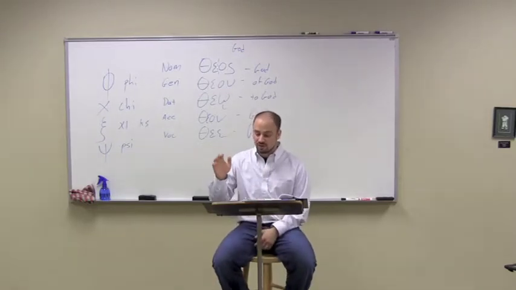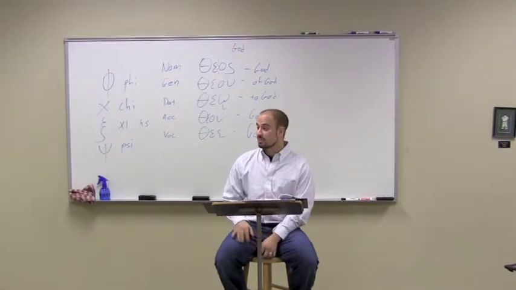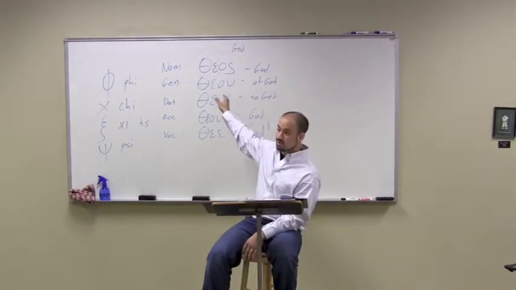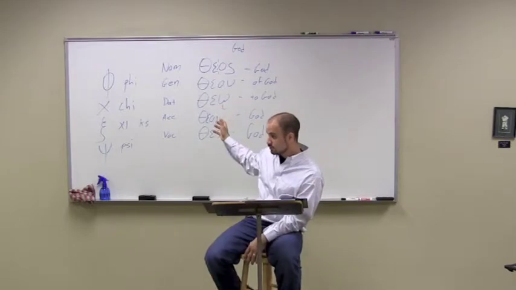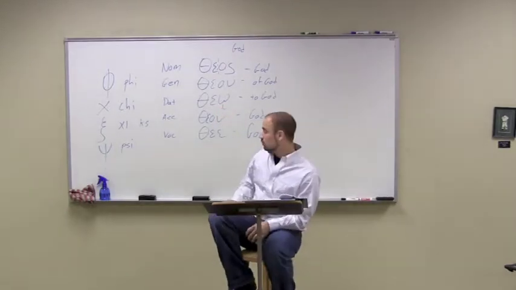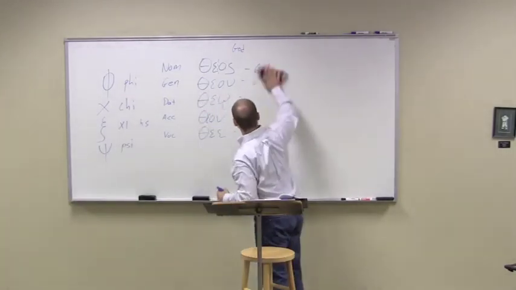So we've already sort of hit on this. Greek is an inflected language. That means that your nouns are going to go into different cases in order to indicate how they function within a sentence. And your verbs are also going to be somewhat dissimilar to your English verbs.